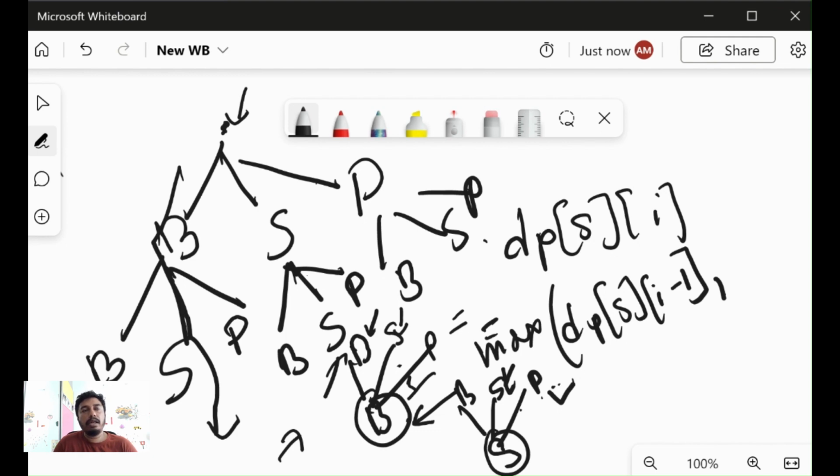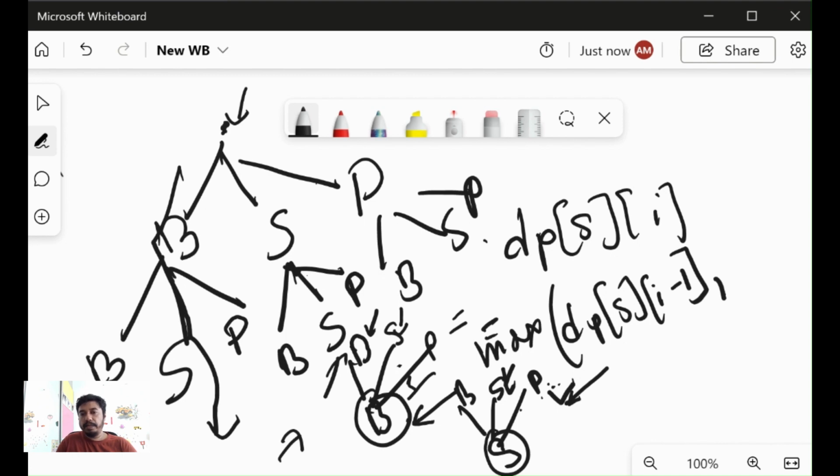One of the constraints is that you have to first buy the stock before selling it. You cannot sell without buying the stock. If you have not done any transactions so far before doing this sell operation, that is an invalid approach, because you have to first do a buy activity.